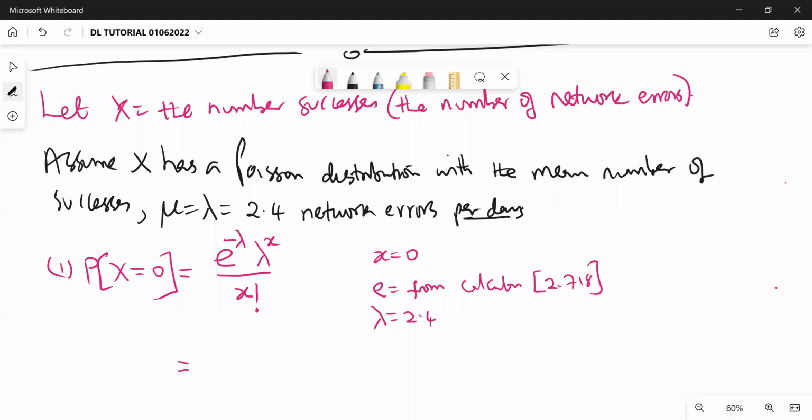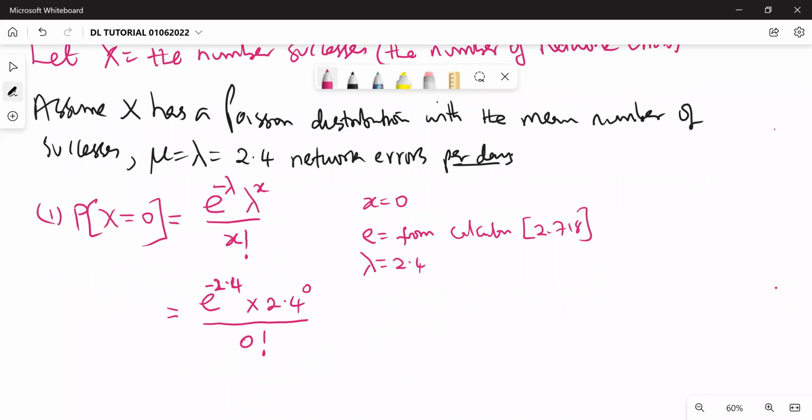So this will be equal to e raised to power minus 2.4. You don't need to write the value of e, because your calculator can give you the value of e raised to any power. Then you take times 2.4 raised to power x, which is 0, divided by 0 factorial. Before we evaluate this, we know that anything raised to power 0 is always equal to 1.